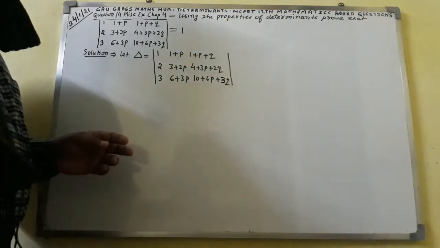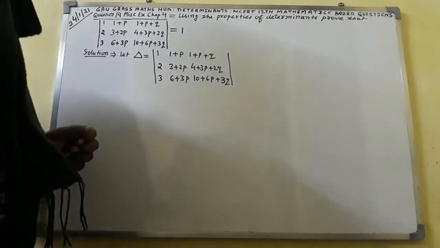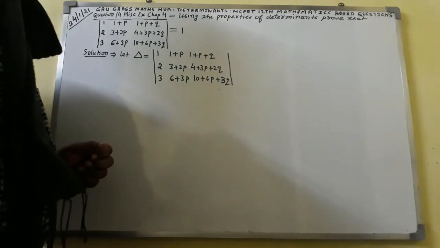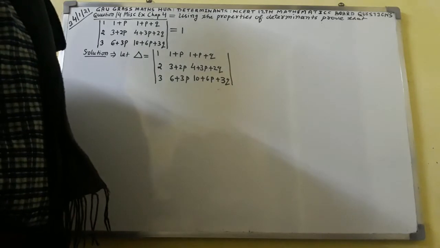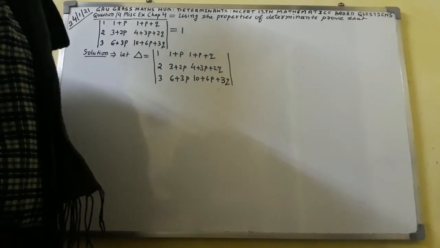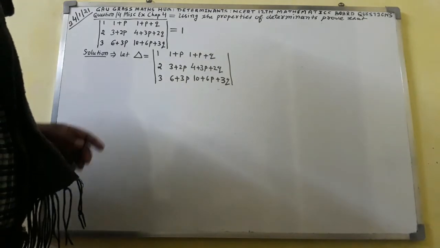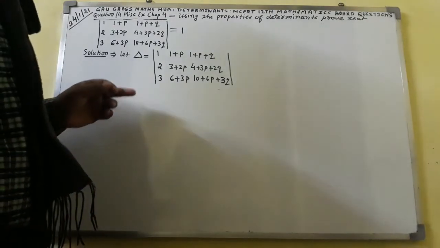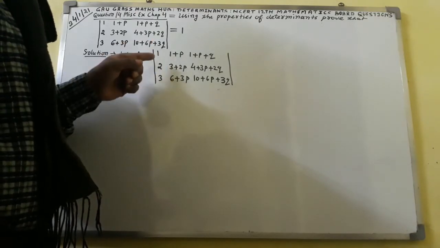Here you can see in first row 1 is there. My aim is to get maximum number of zeros in any one column of the determinant. Think about the first column.